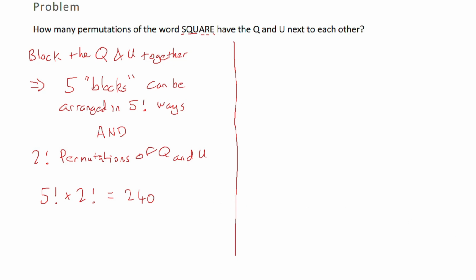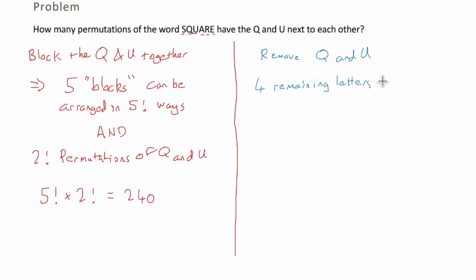Now let's think about the other way of thinking about this problem. Now this time I'm going to remove the Q and the U. I remove the Q and U, I have 4 remaining letters.